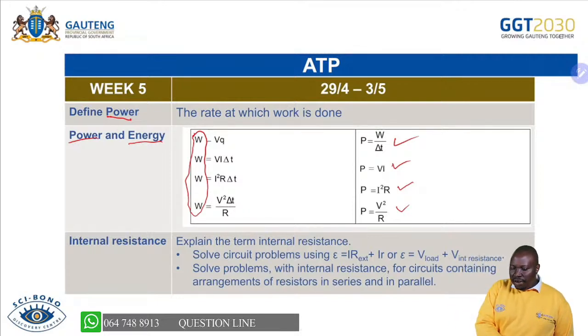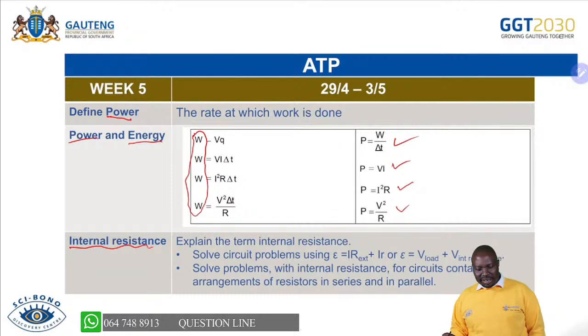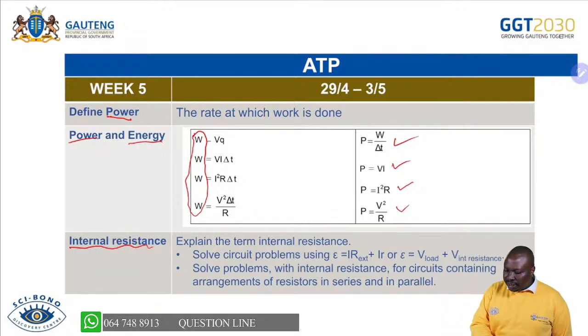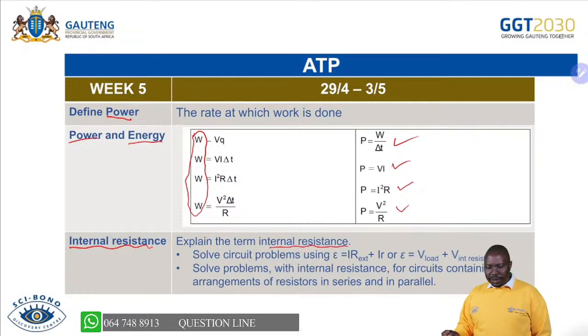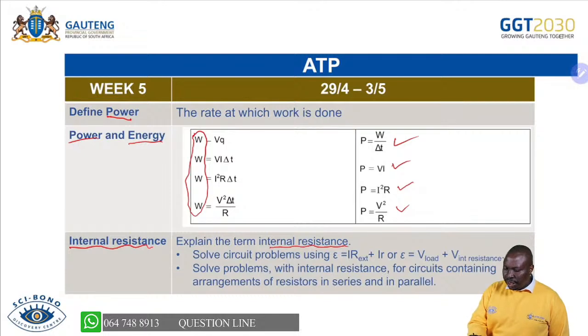Now, our main focus, which is internal resistance, we are saying you must be able to explain the term internal resistance, and you must be able to solve circuit problems using the equation E equals I R. I prefer to start with the IR for the internal resistance.